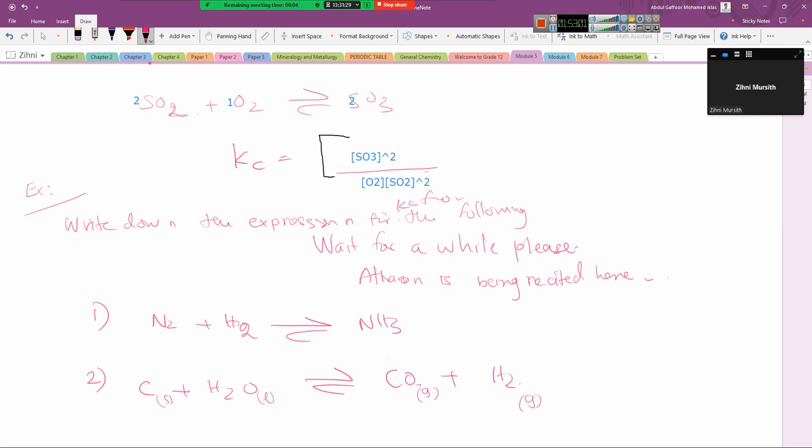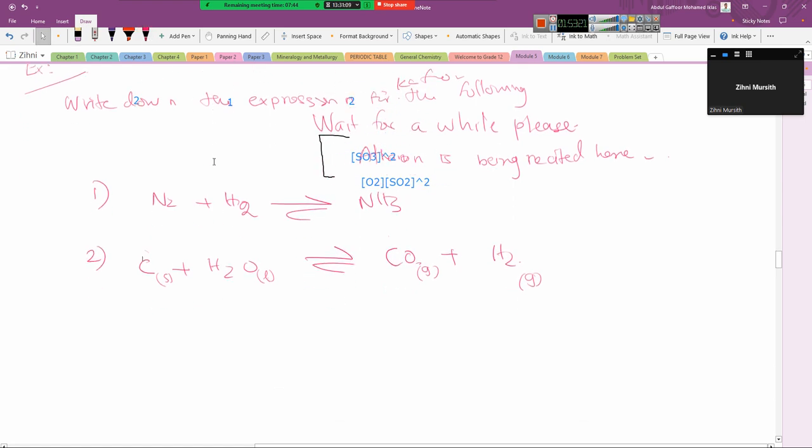So if we have any reactant or product in the solid phase, we will not involve it in the expression of Kc. You should bear that point in mind. So in the expression of the second equation, we will not involve the concentration of carbon because it is in the solid state. We will look at why in the next class.